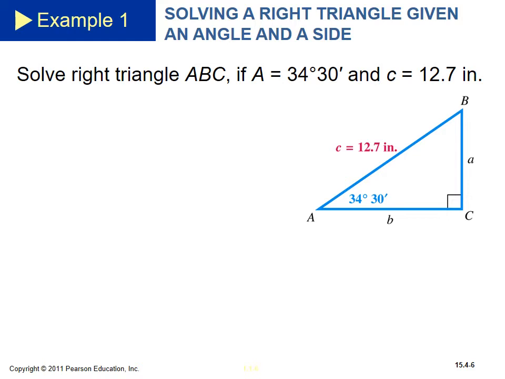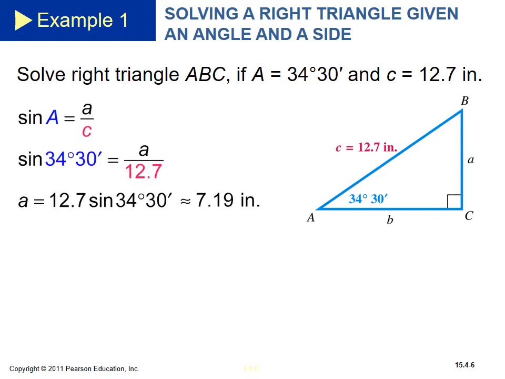So basically you can take that angle measurement and use sine and cosine to solve for a and b. So you would plug in the sine of A, which is 34 degrees 30 minutes, equals a over 12.7.